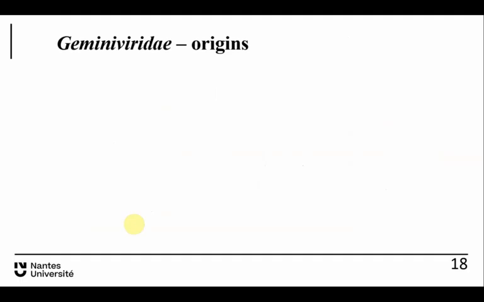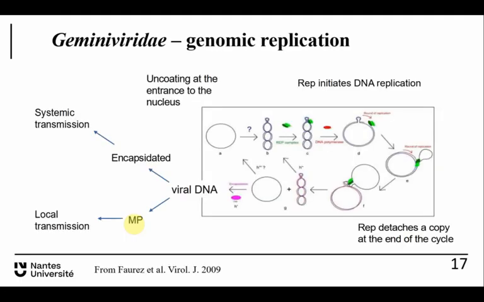So Geminiviruses, they're the only DNA viruses that exist in plants. And the way the genome replicates is what you would call a rolling circle replication mechanism. And some plasmids have a similar kind of mechanism of replication.